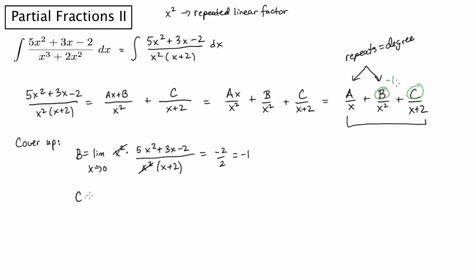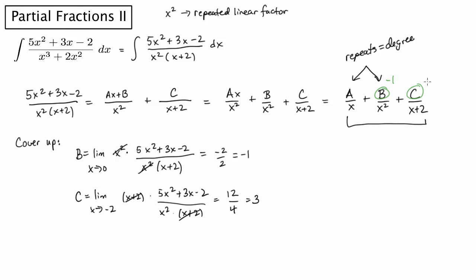Alright, if we do the same thing for c, c is the limit as x goes to negative 2 of x plus 2 times this fraction. And now we get the x plus 2 to cancel instead. And then if we evaluate everything that's left at negative 2, we'll get 12 on the top and 4 on the bottom.